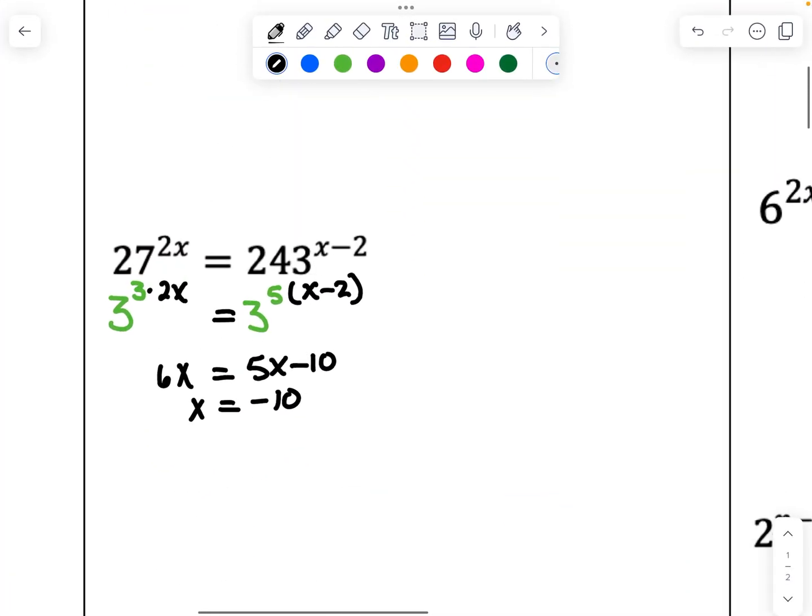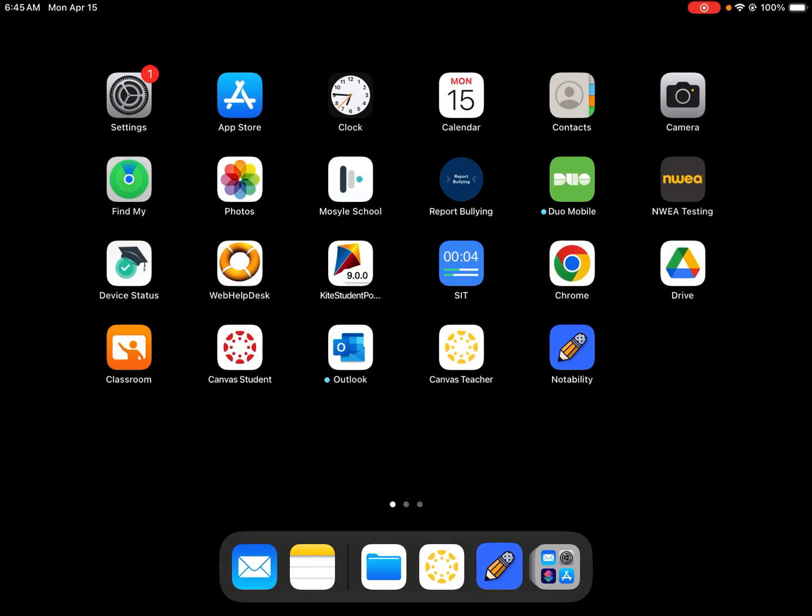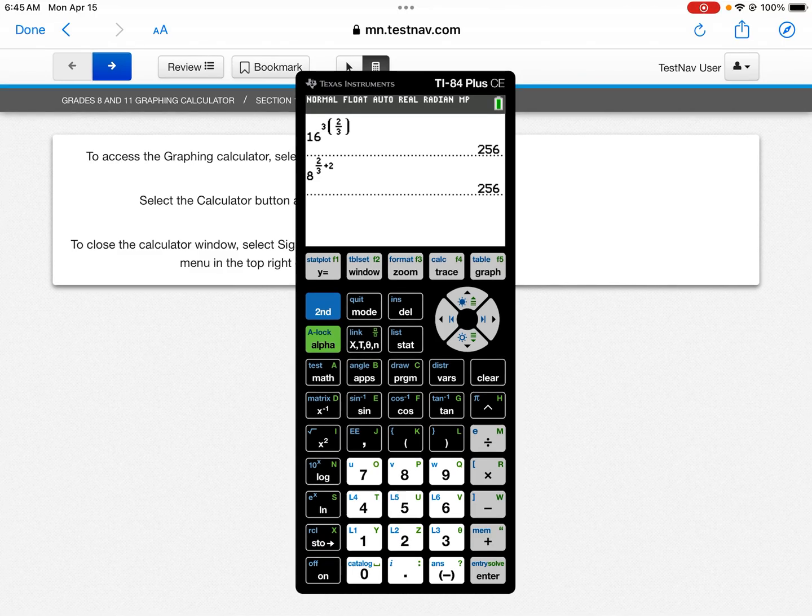If we check this one, 27 to the 2 times negative 10, and it doesn't matter what it is, just leave it there.